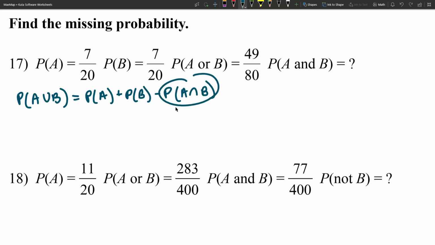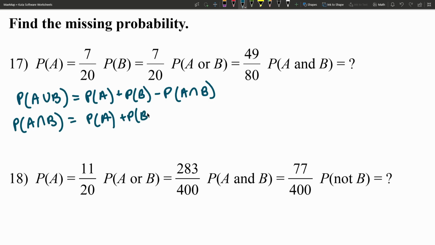If I subtract this intersection over here, but then subtract this and move it over here, I'll have the probability of A and B isolated. So I'm going to have the probability of A intersection B, A and B, equals the probability of A plus the probability of B minus the probability of A union B. All I did here was I moved this to the other side and then moved this to the other side. So now I can plug in and solve.